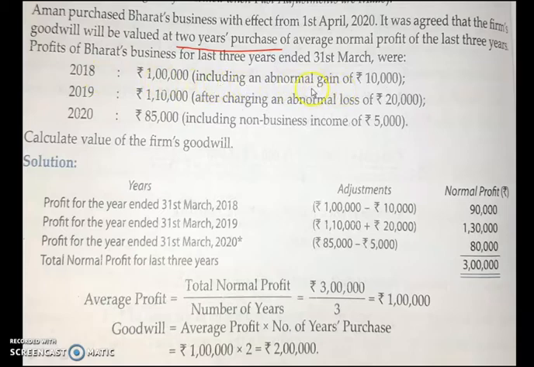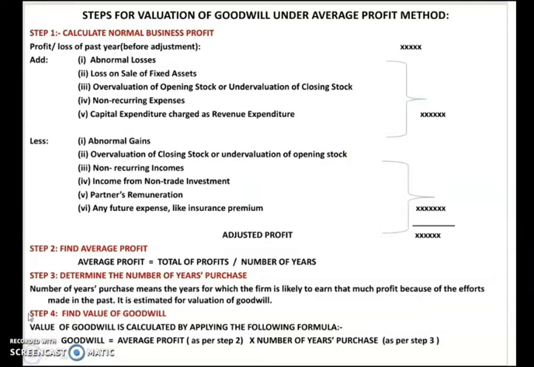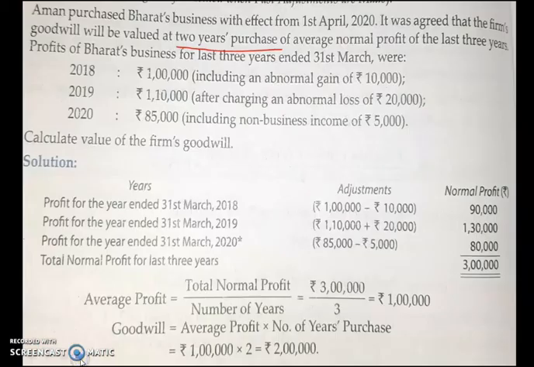So what are you supposed to do with the abnormal gain as per that step? Abnormal gain should be subtracted. Only if you remember these items, you can do it easily.